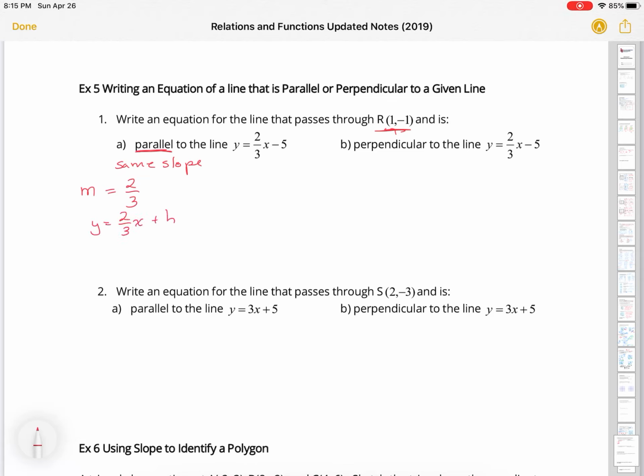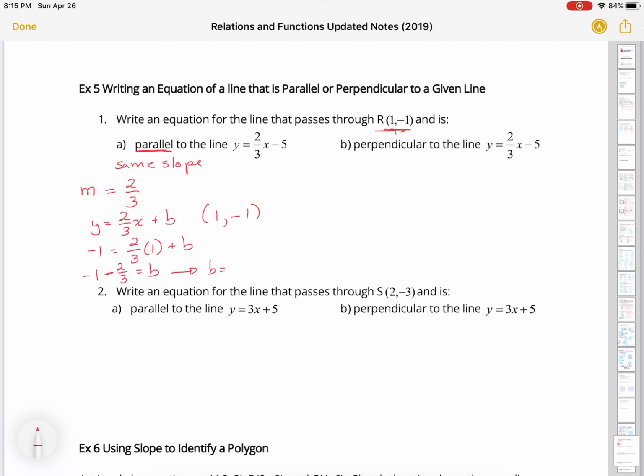So we know for our equation y equals 2/3 x plus b. So we're going to take that point 1 comma negative 1. We're going to substitute that in for our x and our y. So our y is negative 1 equals 2/3 times x, x is 1, plus b. Then we're going to rearrange and solve for b. 2/3 times 1 will be 2/3. So I'm going to move that over to the other side, and that will equal b.